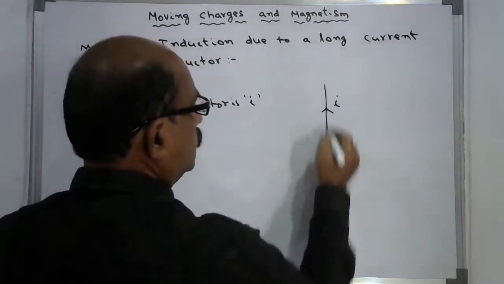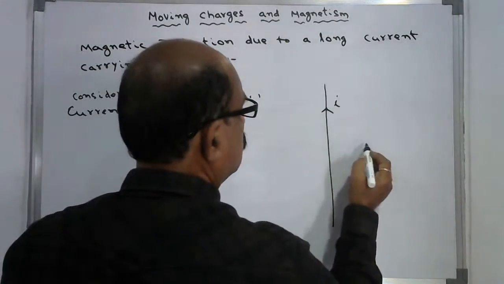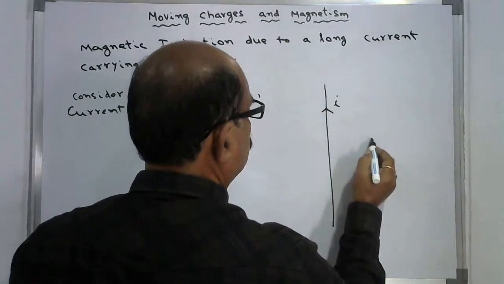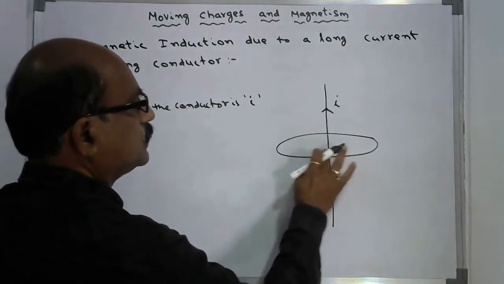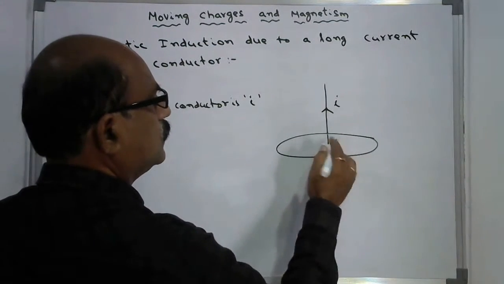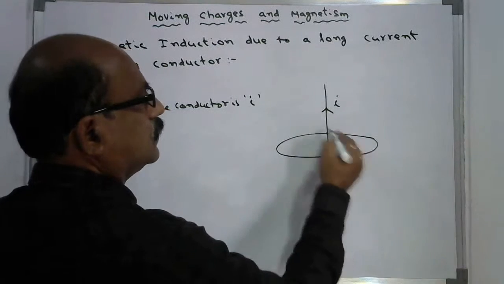So when current is passing through this, the magnetic field will be produced. The magnetic fields are closed loops. Somewhere here, the closed loop.